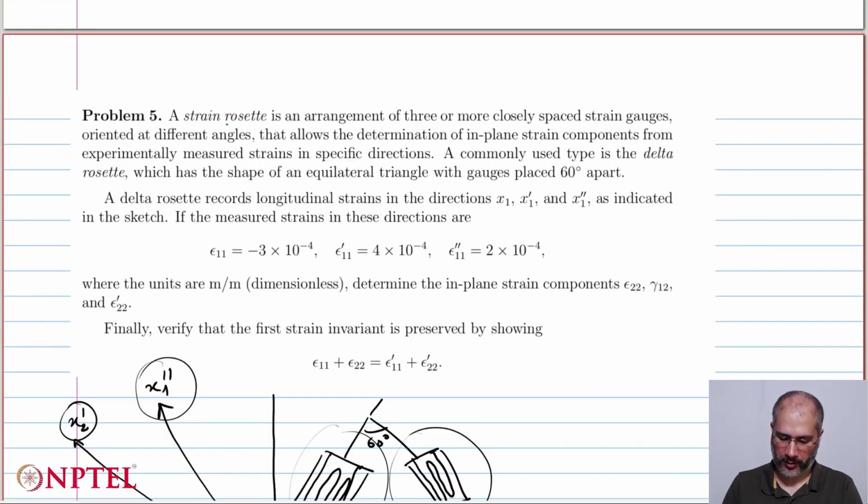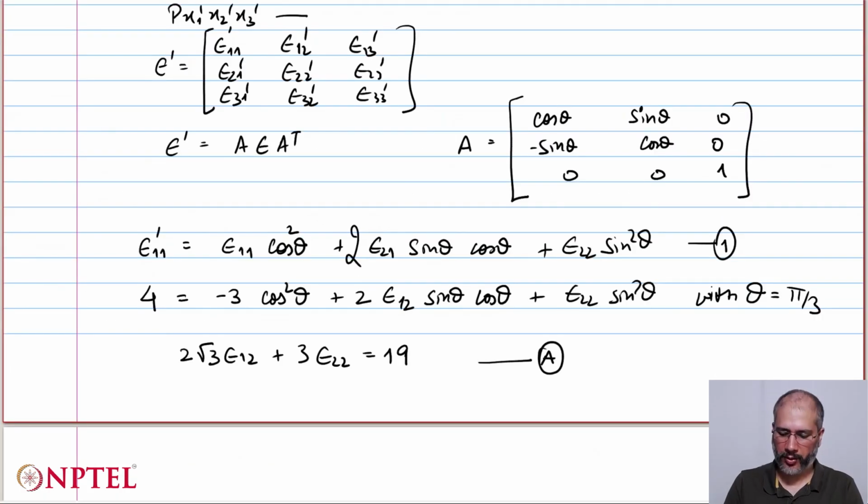Now finally, it is asked that we have to verify that the first strain invariant is preserved by showing that this is true. Now while doing this multiplication here, I did not show you that epsilon 3 3 prime is equal to epsilon 3 3, but we'll need that for this part.